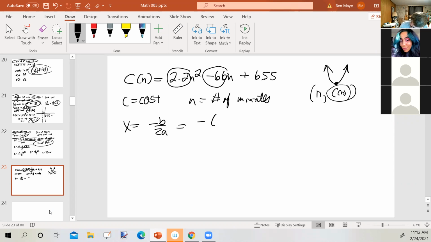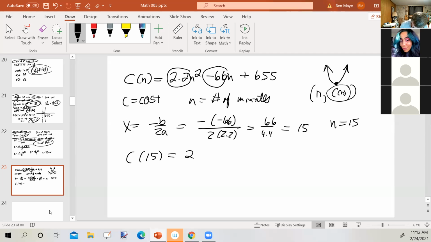So it's going to be negative that over 2 times that, which is 66 over 4.4. And 66 divided by 4.4 is 15, okay? So n equals 15. What's C of 15?